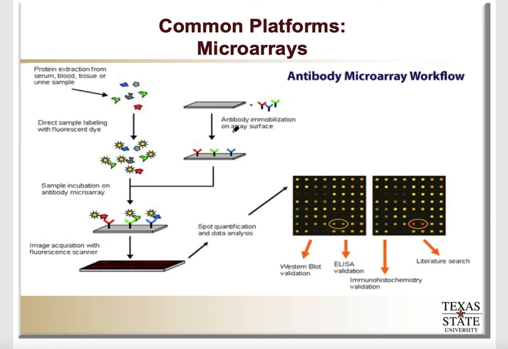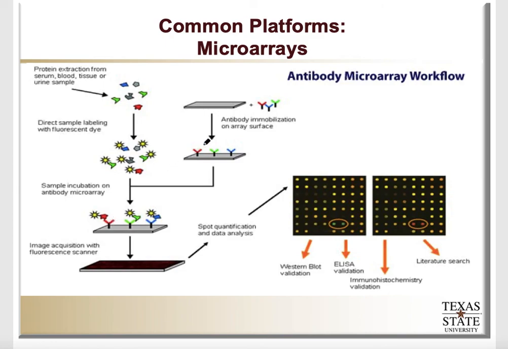It's late. So from there, what's going to happen is that now you're going to put the two things together. So you have your array that has antibodies. You need to know where you put each of the antibodies and what they are specific for. But then you put the two together. And so if your physiological fluid has that particular antigen, then that antigen would bind to the antibody.